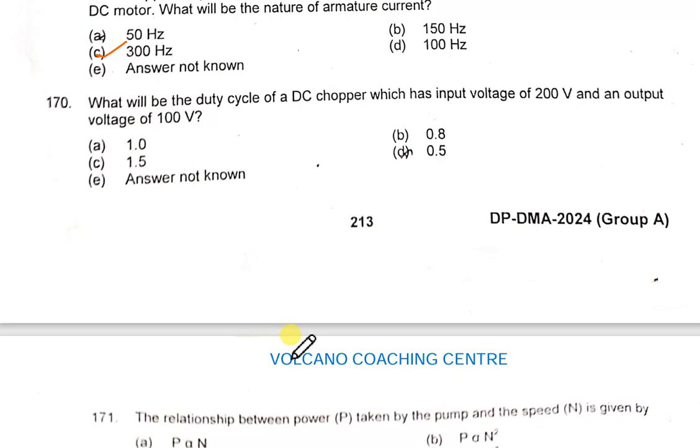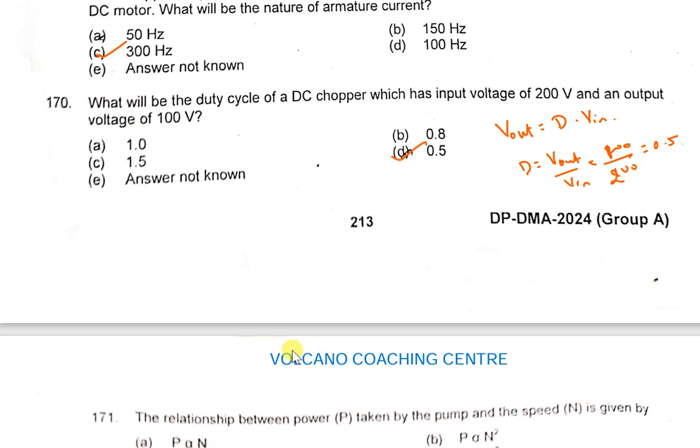Next, what will be the duty cycle of a DC chopper which has input voltage of 200 and an output voltage of 100 volt? So we know that V output is equal to duty cycle times V in. So duty cycle is equal to V0 divided by V in, therefore 100 divided by 200, which is equal to 0.5.